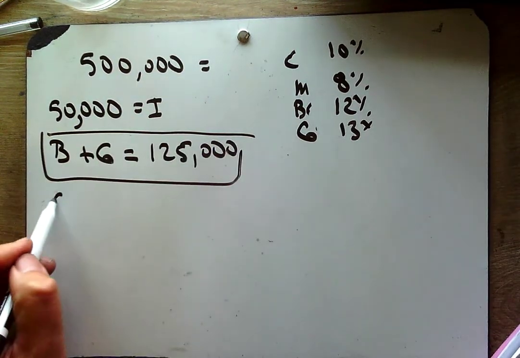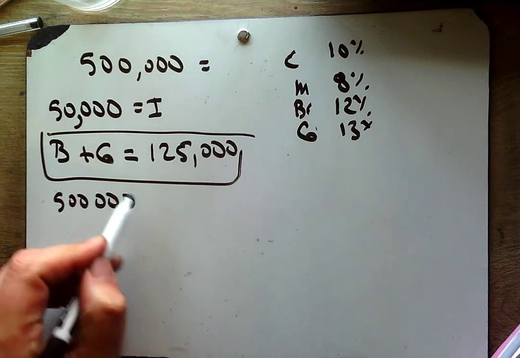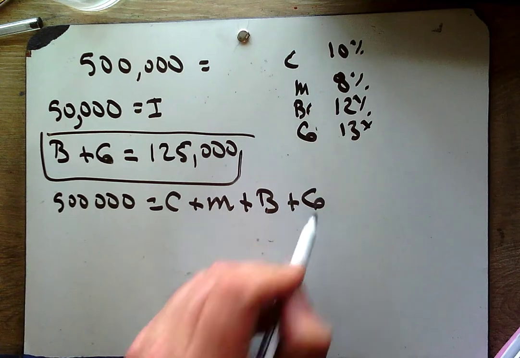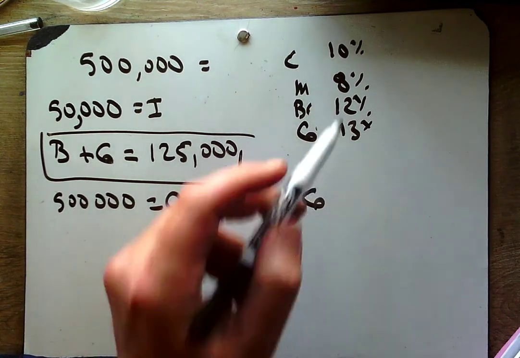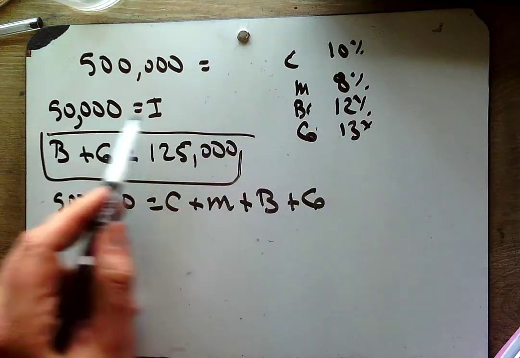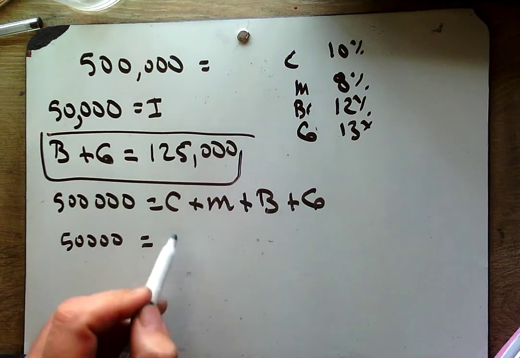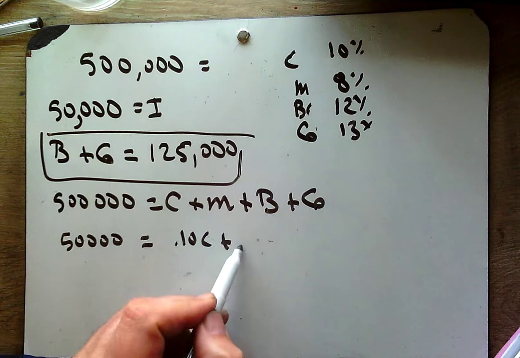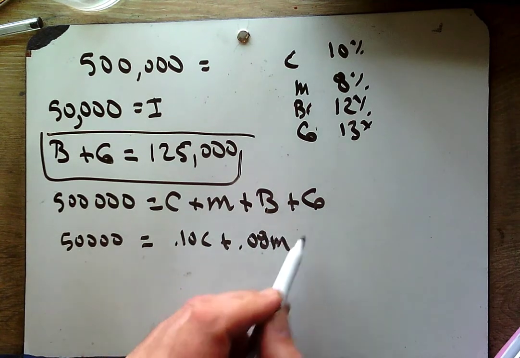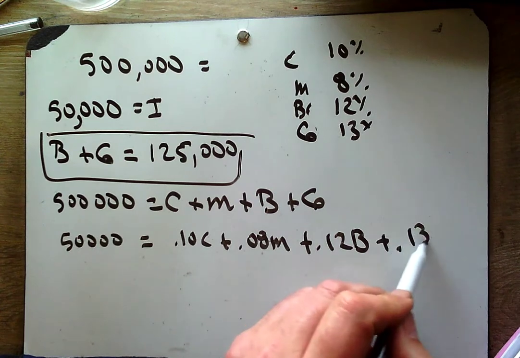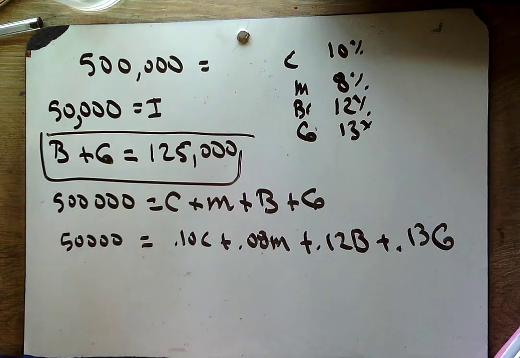I know 500,000 equals C plus M plus B plus G. And my value equation that comes with that interest: 50,000 in interest equals 0.10C plus 0.08M plus 0.12B plus 0.13G.